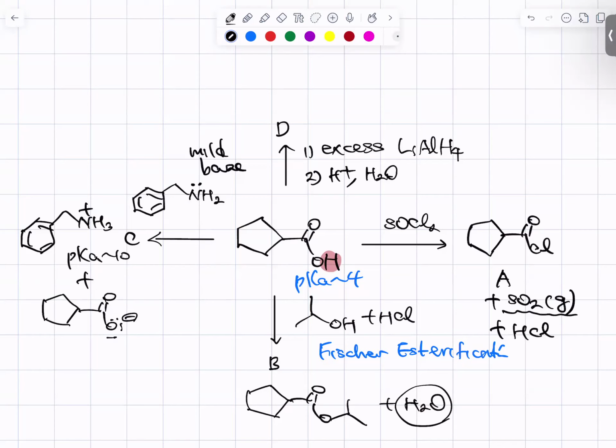So then it will stop there. You can write this one as a product or simply write no reaction because nucleophilic reaction cannot happen. Okay, it'll be simply an acid-base reaction.